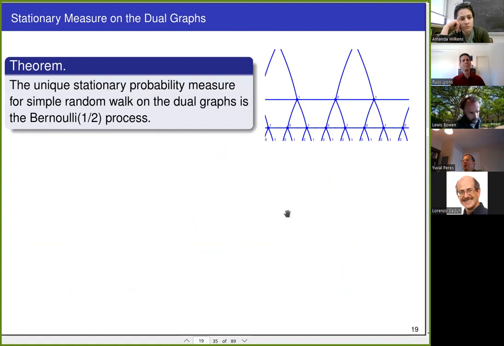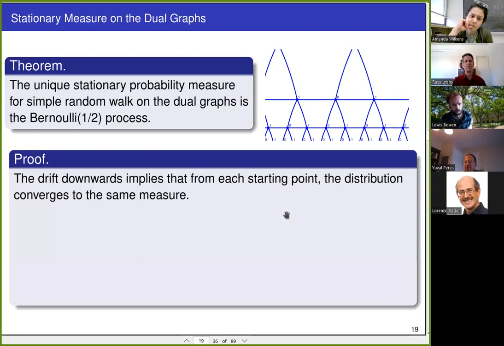All right. So we remember we're interested in stationary measures, and this dual graph is actually simpler to talk about. I claim there is a unique stationary probability measure for simple random walk, and it's just the Bernoulli 1/2 process. In other words, all the bits in this dyadic integer are independent, equally likely to be 0 or 1. So, why?